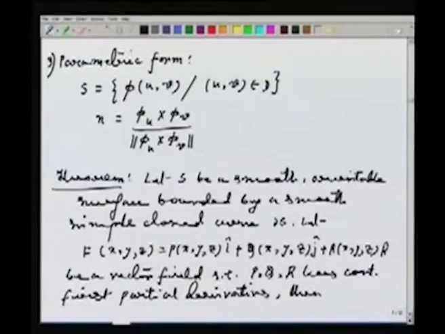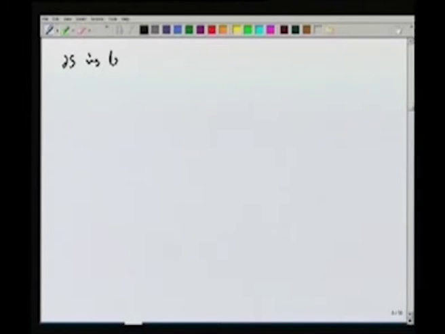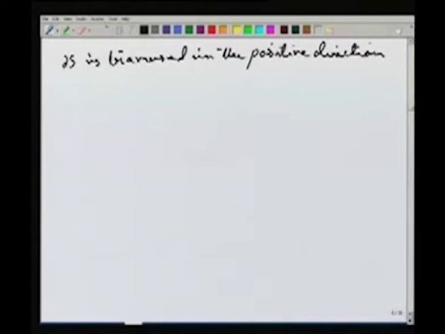Then if delta S is traversed in the positive direction, then we have the following formula: integral over delta S with the proper direction F dot ds.